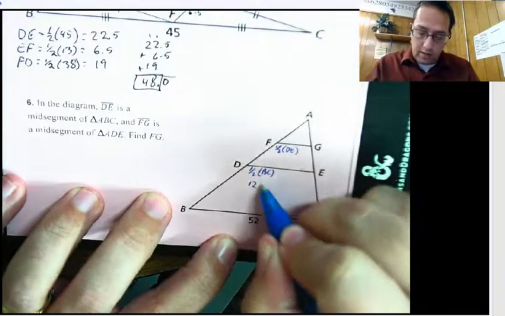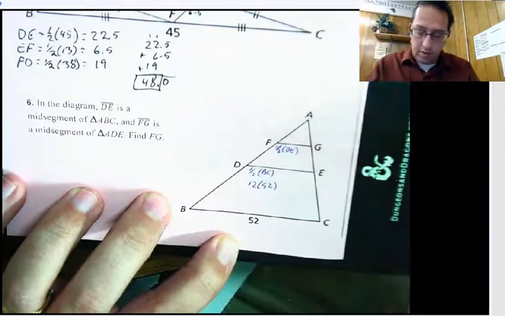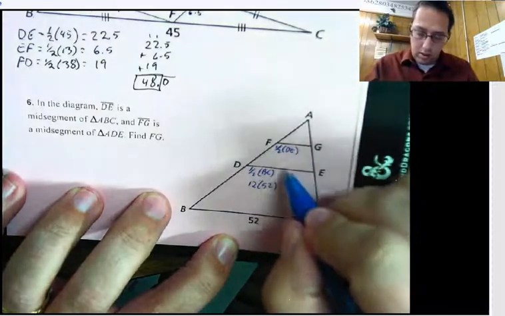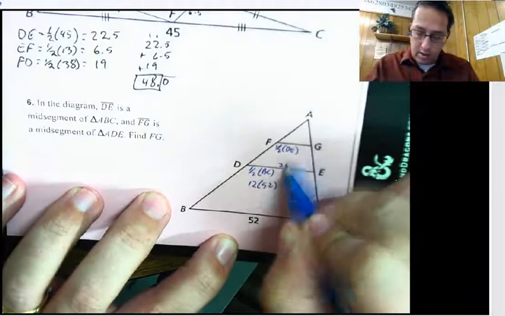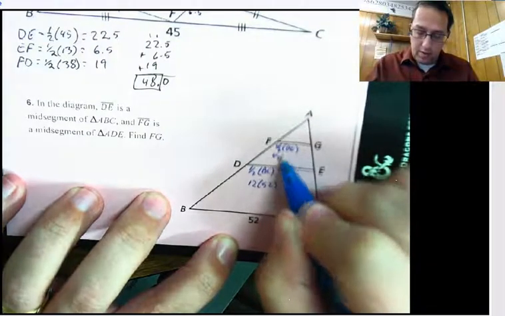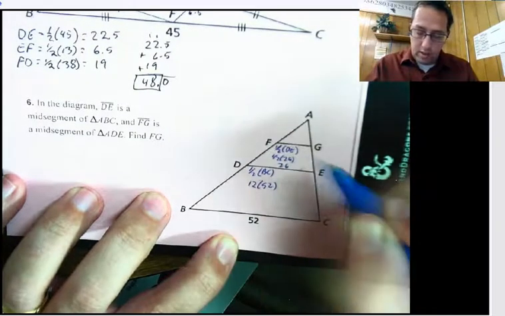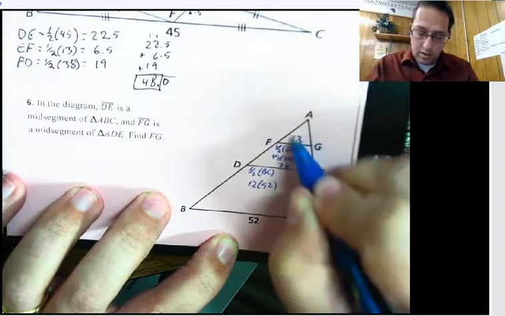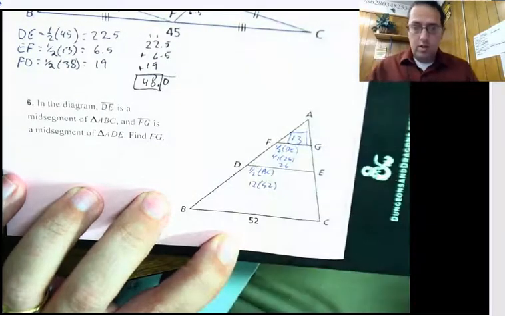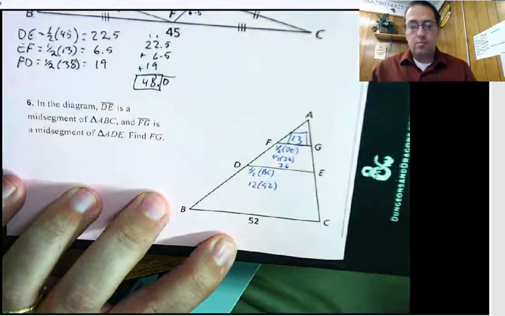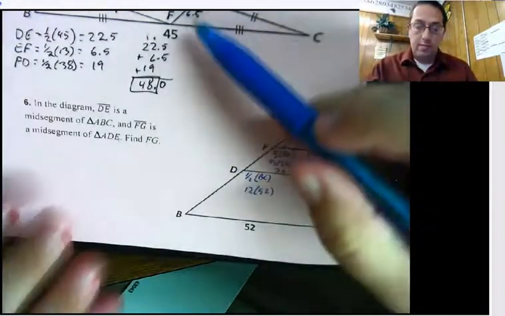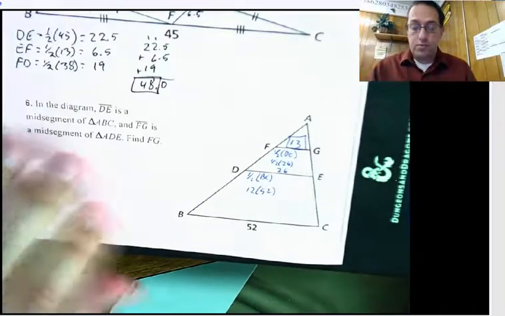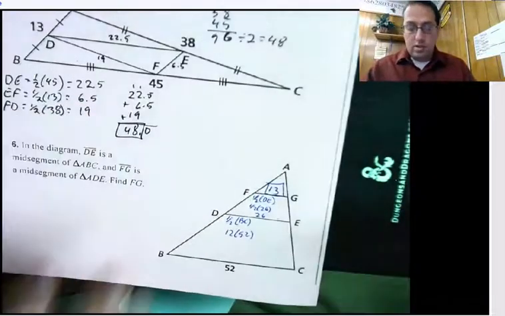So 1/2 of 52 is 26. Now I'm going to take that and plug it in here. 1/2 of 26 is 13. And there's my answer. So okay, I'm just dividing by 2. All of this, I'm either dividing by 2 or multiplying by 2. It's really pretty easy stuff. So I like midsegments because they're easy.